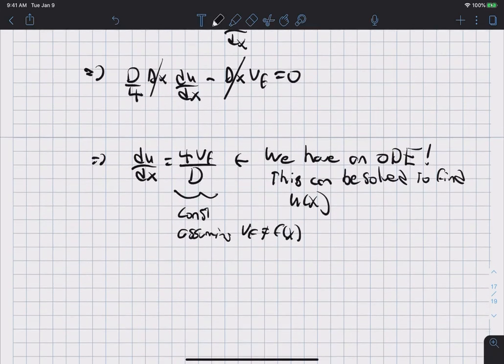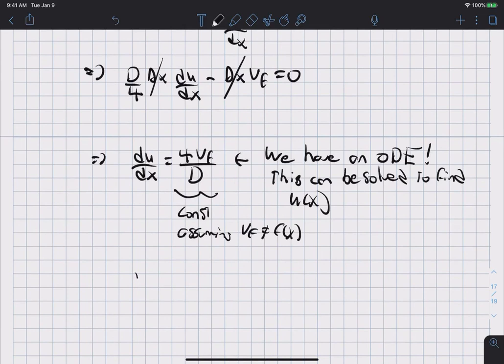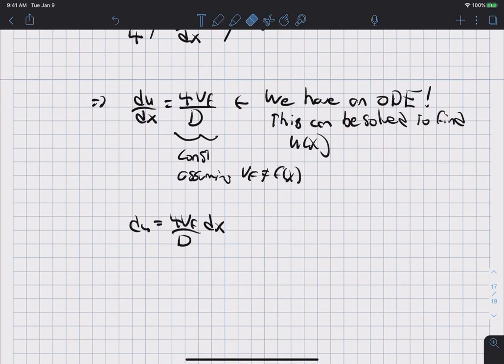We can solve that by just multiplying both sides by dx, and then you get du equals 4 vf over d dx, and we can integrate this, and you get u equals the integral of 4 vf over d dx from 0 to x, plus some constant.